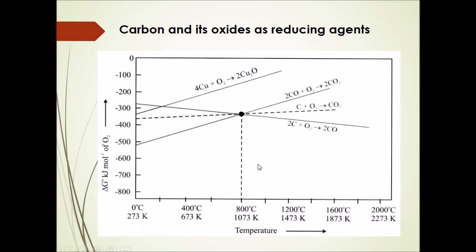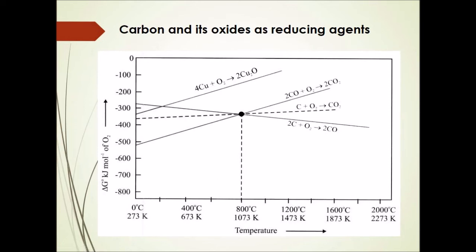Now you can see that the copper to cuprous oxide formation curve lies almost at the top, while those of carbon to carbon monoxide and carbon monoxide to carbon dioxide actually lie below this slope of cuprous oxide around the temperature range of 600 to 800 degrees Celsius.